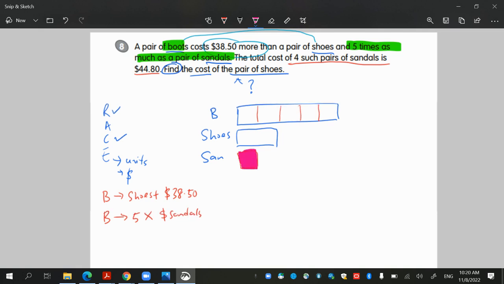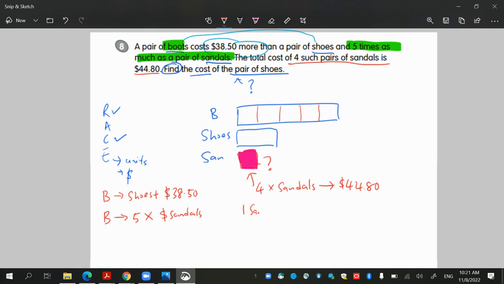Information given to me is that if I buy four of these sandals, it will be $44.80. That's the other information that I'm given. That means I will be able to find how much is one sandal. So four sandals is $44.80.